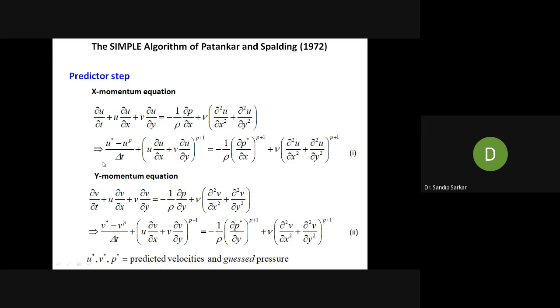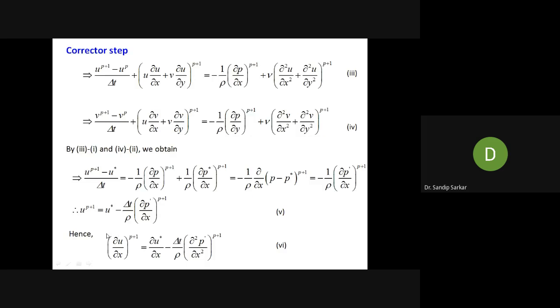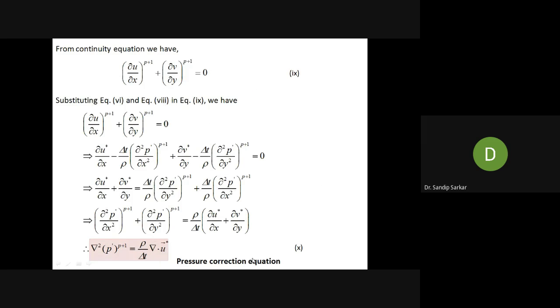Once you know u star and v star, you can solve this equation 10, because the right hand side is known and only this side is unknown. P prime can be obtained numerically because this is known. Clear?